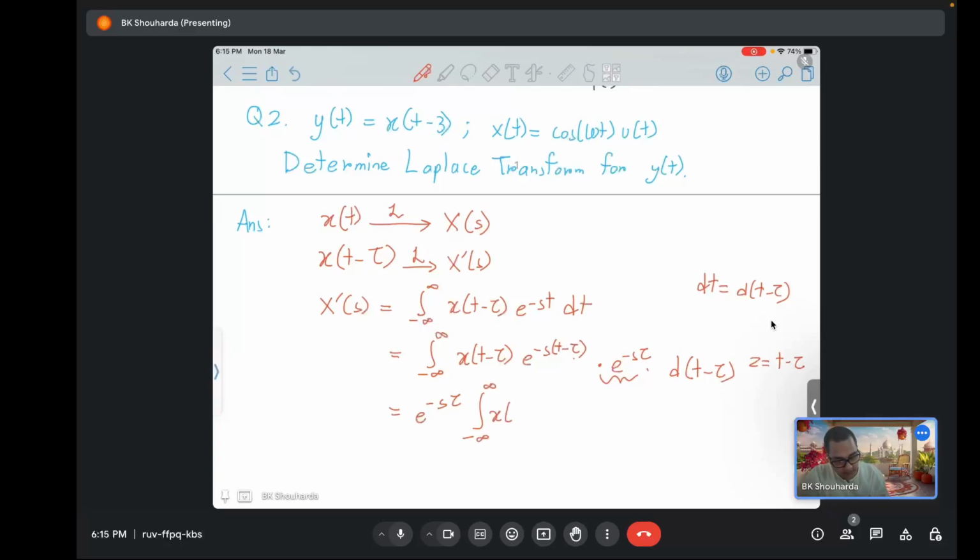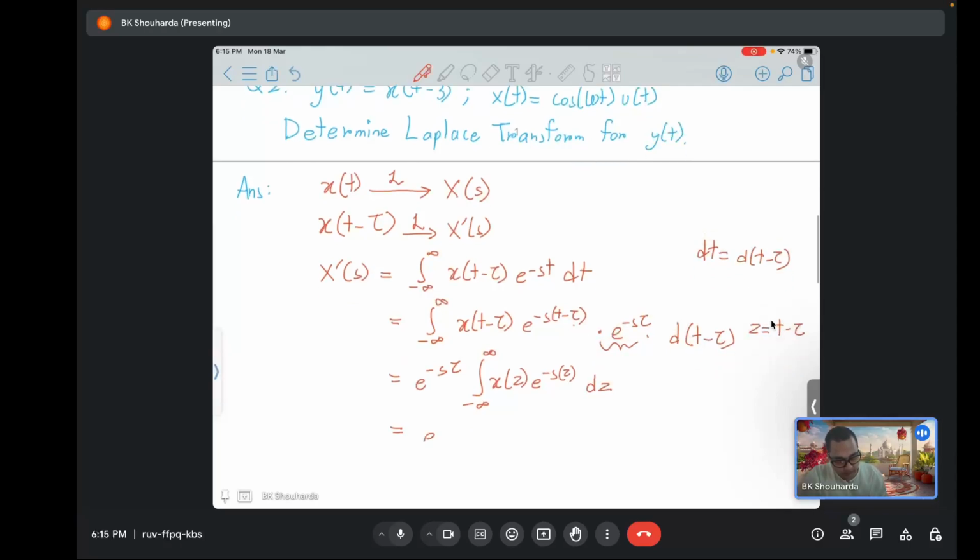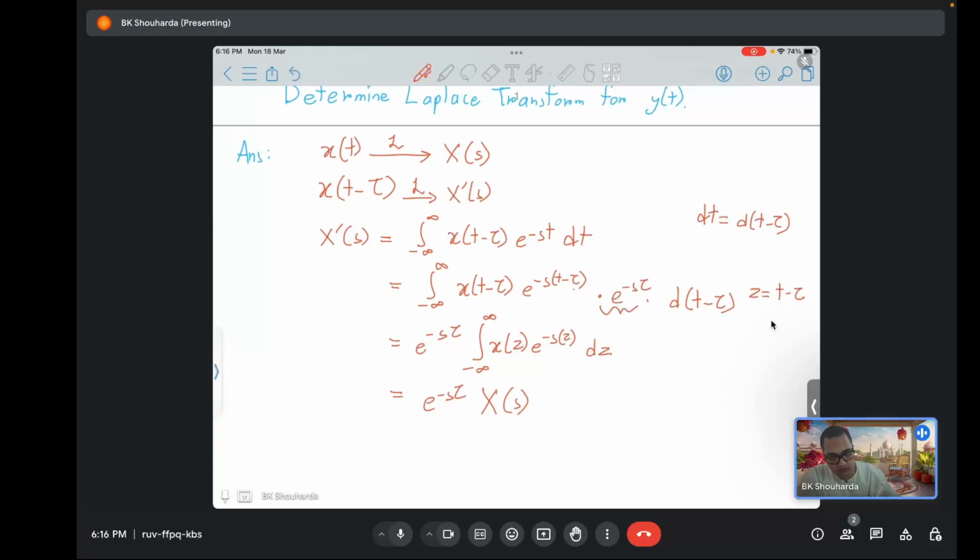So I can write the integral of x of z e to the power minus s z dz, and this is essentially our Laplace transform X(s). So what do we conclude? x of t minus tau has the Laplace transform e to the power minus s tau X(s).